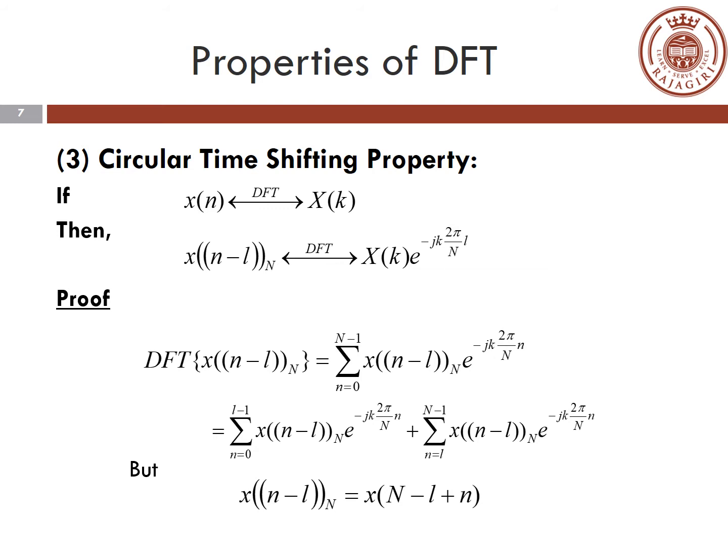Okay, this is what we have seen in the previous graphical representation. So substituting this particular representation, wherever the circular L shift x of n minus L comes, everywhere you can replace it by x of n minus L plus N.